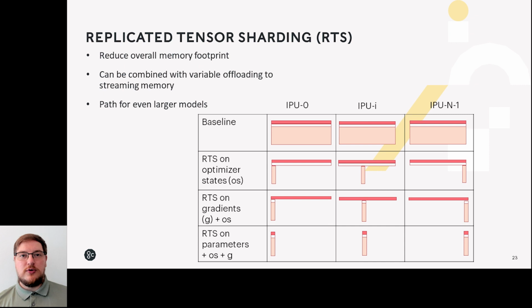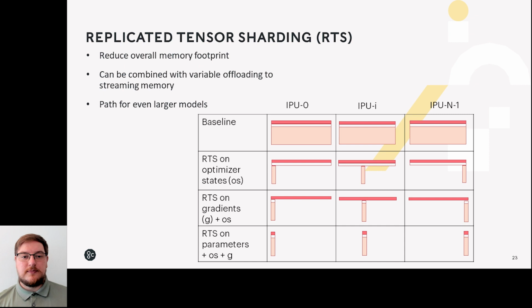In the normal approach of data parallel processing, we have the optimizer states, the gradients, and the parameters on all the replicas. In replicated tensor sharding, we distribute the data over the different replicas and thus save memory, which can be used for processing larger batch sizes.